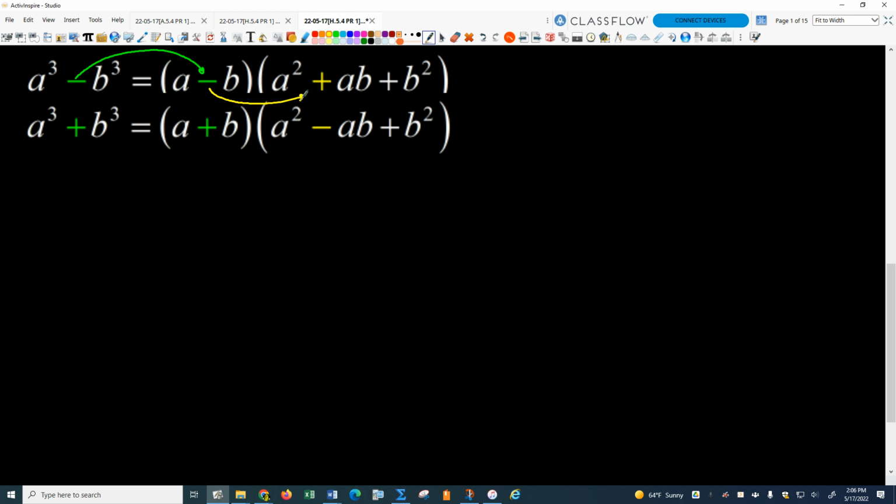And then remember the last one, between the ab and the b squared, is always plus every time. And it works the same way in both of these 2 patterns. It just depends on which one you start with. Okay? Make sense?